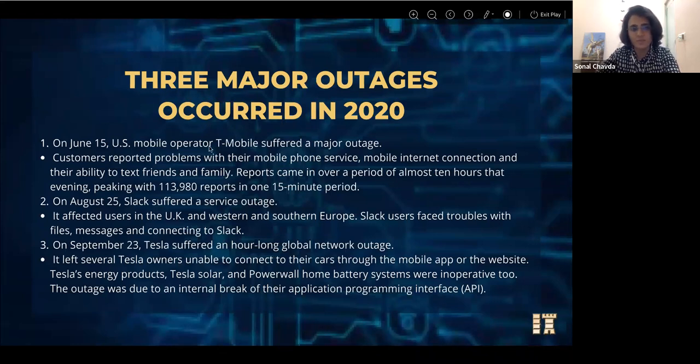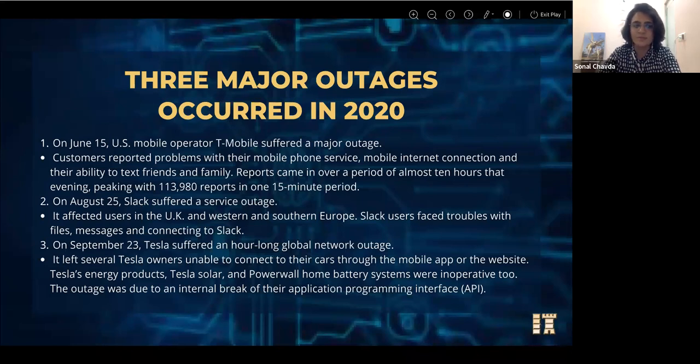US mobile operator T-Mobile suffered a major outage. With that, their customers could not use mobile phone service, internet connection, or text facility for a few hours. In the same year, Slack, a popularly used messaging system for business, suffered a service outage.